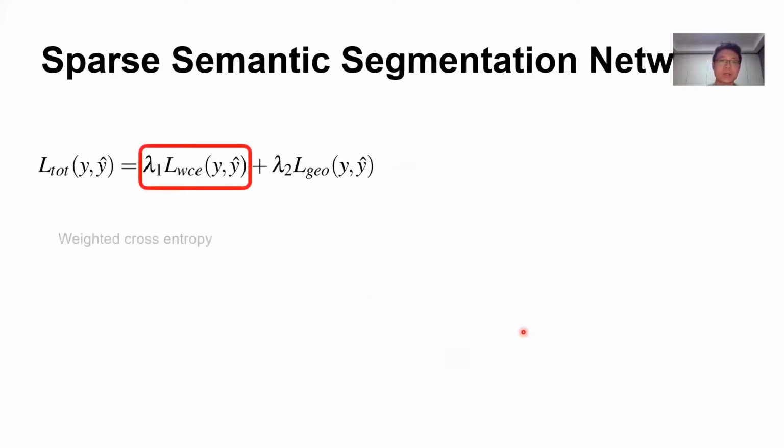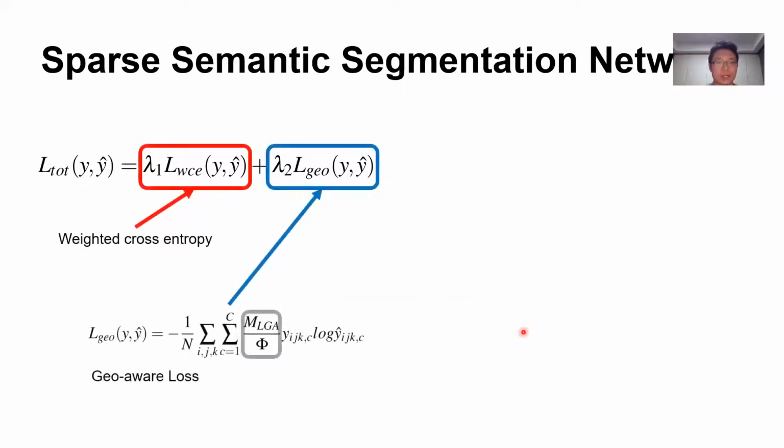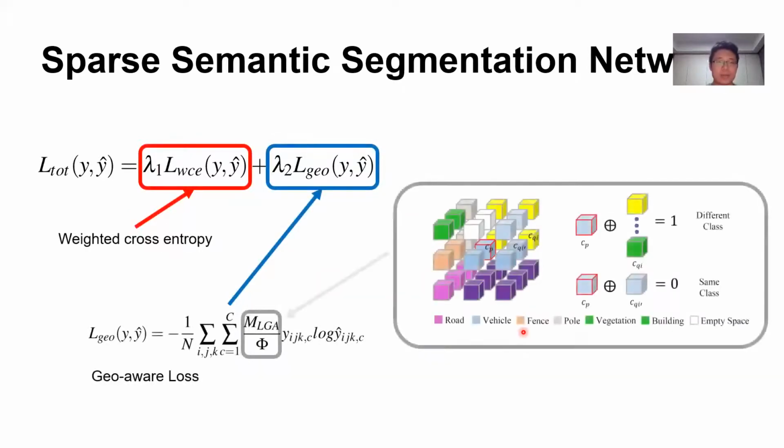Our customized loss function has two major components. One is the weighted cross entropy. Two is the local GeoAware loss. We define a local GeoAware term by calculating the neighborhood anisotropy of the current point and pointwisely scale the entropy of each point. The anisotropy is defined as 1 if the class label is not equal and 0 otherwise.